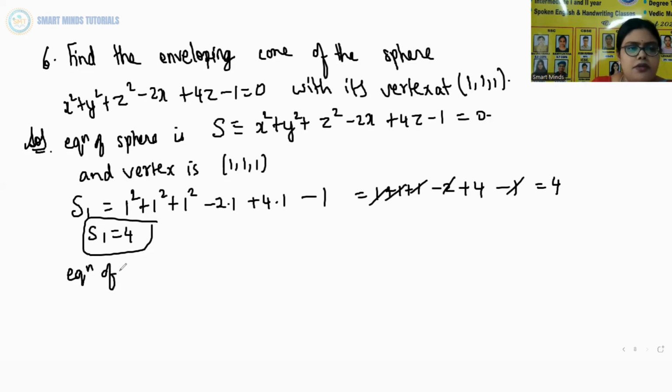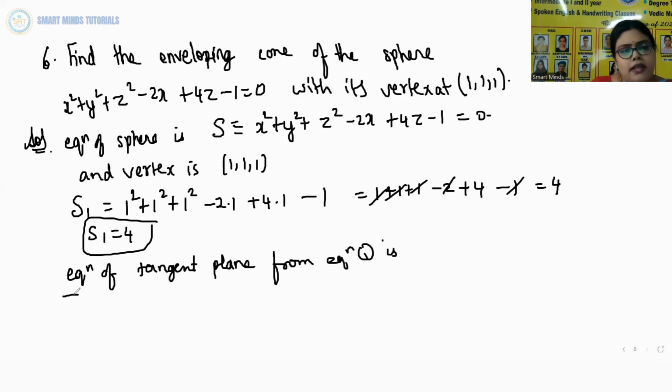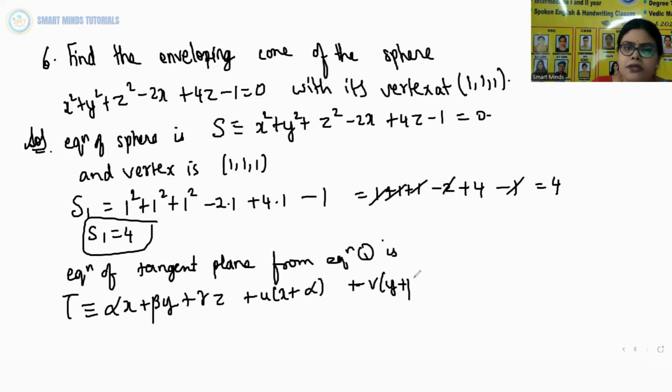Now what is the equation of the tangent plane? The equation of the tangent plane from equation number 1 is: alpha x plus beta y plus gamma z plus u(x + alpha) plus v(y + beta) plus w(z + gamma) plus d is equal to 0.